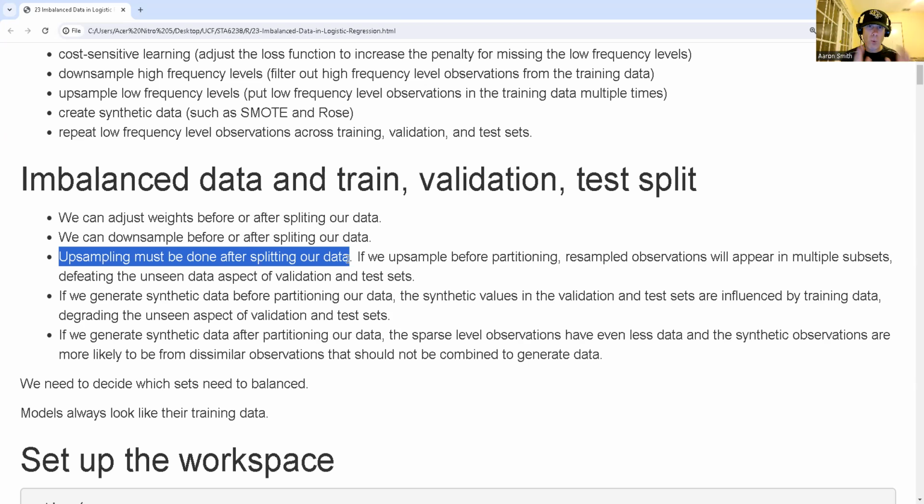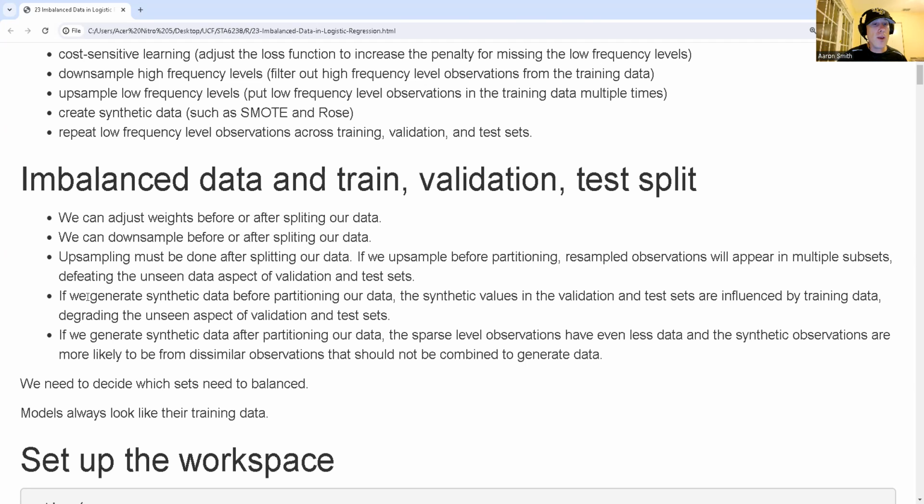So what I want to do instead is split my data. After I split it, I run upsampling on my training data. If I want to, I'll do upsampling on my validation data. If I want to, I'll do upsampling on my test data, and then I can proceed. Downsampling, it doesn't matter. We can do it before or after. Upsampling, we must do it after.